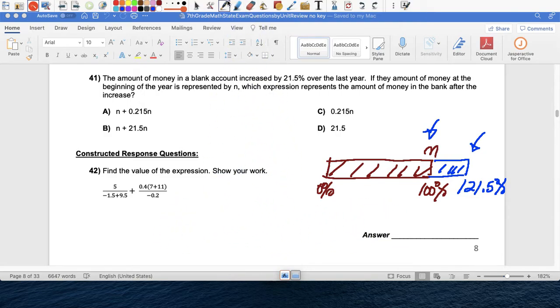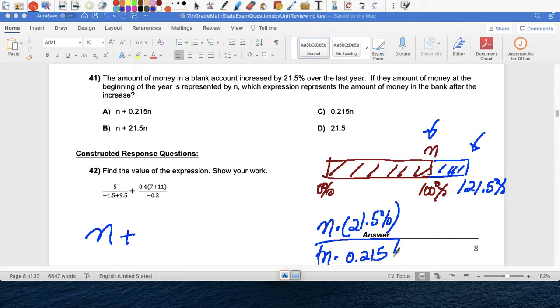What they actually did is they took N, so this is what they had at the beginning of the year, and they found what the increase was. The increase is 21.5%. So they took N and multiplied that by 21.5%, which I'm going to change to decimal in a moment, times 0.215. So if you multiply these two, this represents your increase, right?